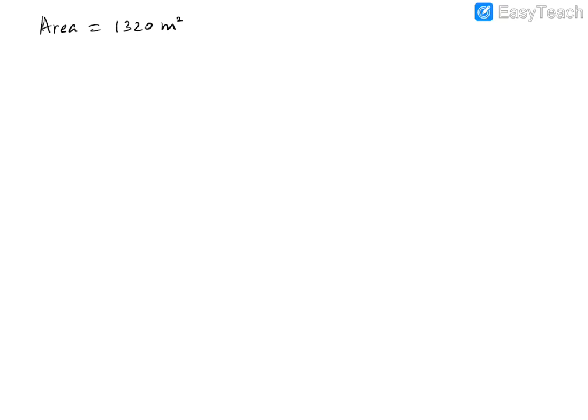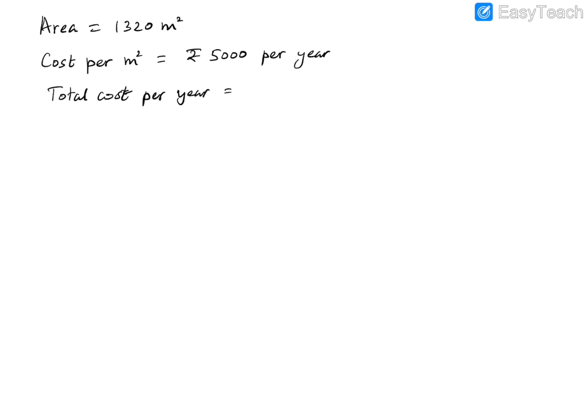We know the cost of advertising per meter square is given as rupees 5,000 per year. So total cost per year will be rupees 5,000 into 1320. So that's the total cost per year.